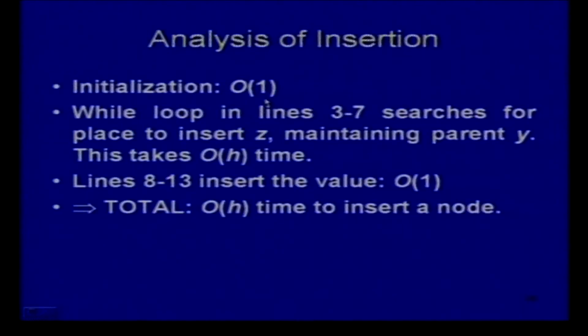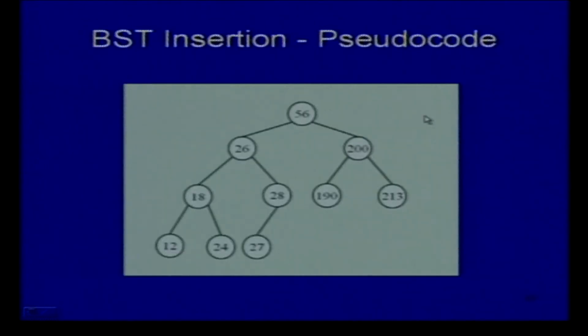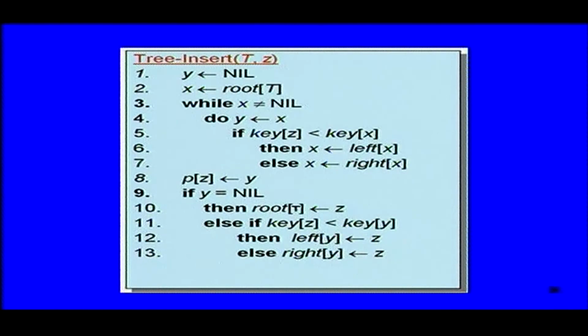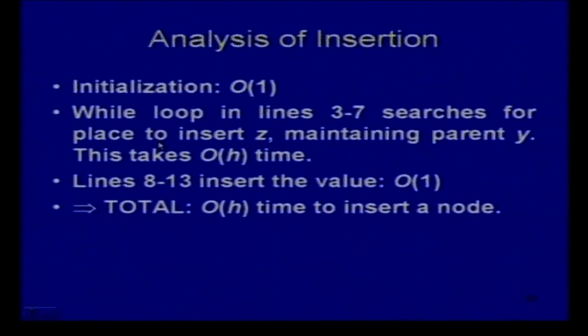Initialization is just constant time, while the loop in lines 3 to 7 is where we are doing the search. Okay. So, we find a place to insert z, maintaining the parent y, that is very important.